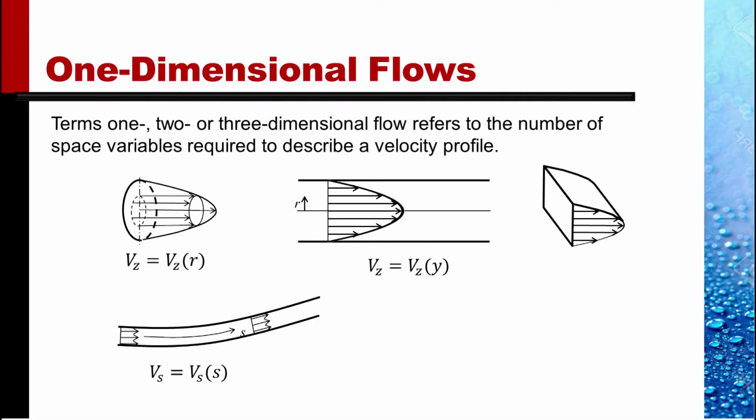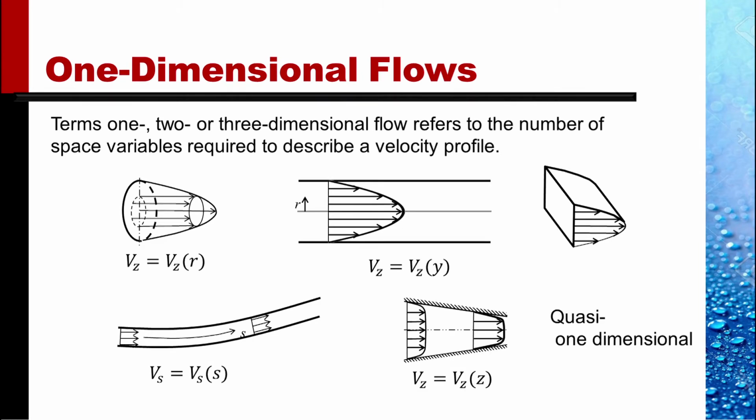If the channel is not straight but curved, but it is thin, in the sense that the cross-sectional dimensions are small compared to the dimension that we measure along the axis, then we can write that the velocity along the axis is a function only of s. This again can be considered to be a one-dimensional profile.